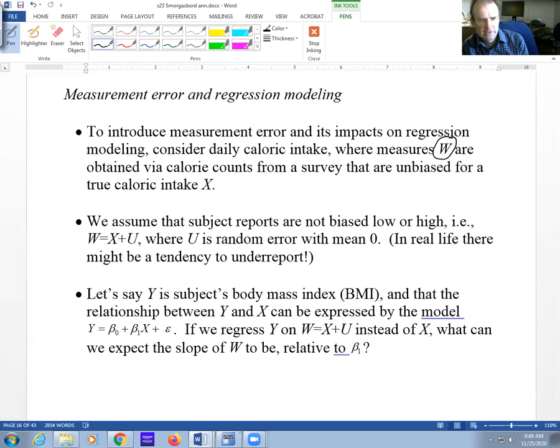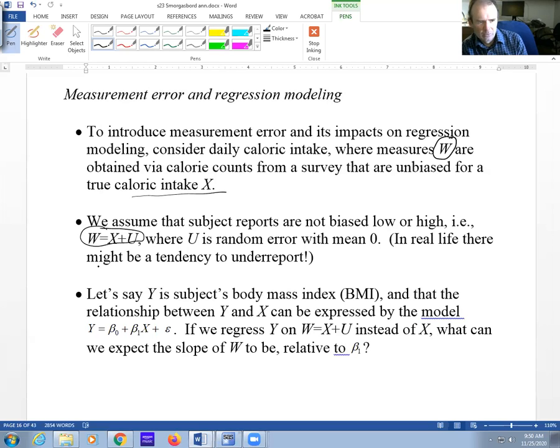So what we get for calorie intake is W, which, let's assume, is related to the actual calorie intake X in this relationship, where U is the error in the difference between X and W.